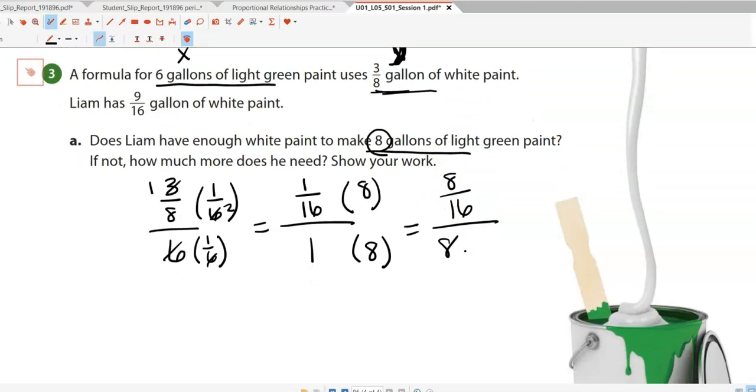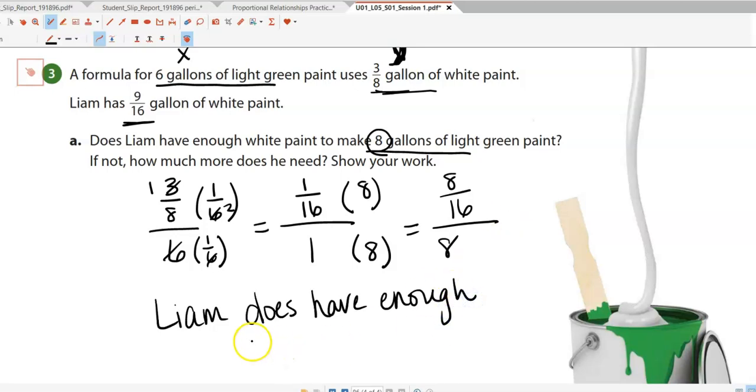Now, from looking from here, we need 8/16 to do 8 gallons, and Liam has 9/16. So 9/16 is greater than 8/16. So yeah, we do have enough paint. So Liam does have enough, because 9/16 is greater than 8/16.